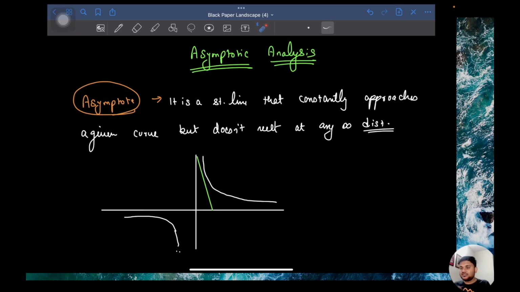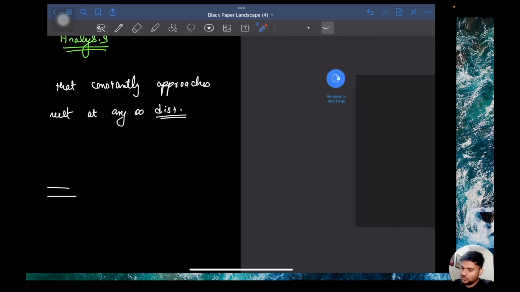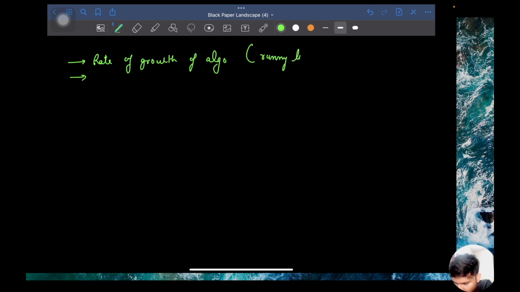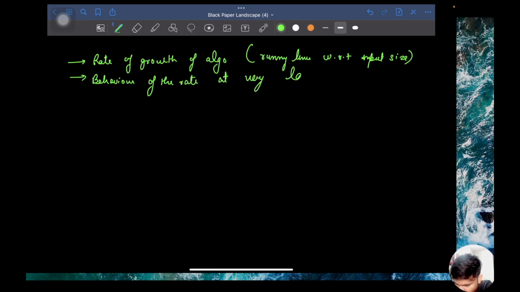So now we have to understand what is asymptotic analysis. Asymptotic analysis is based on majorly two terms. First is the rate of growth of an algorithm, that is running time with respect to input size, and second is the behavior of the rate at very high value, at very large input value.